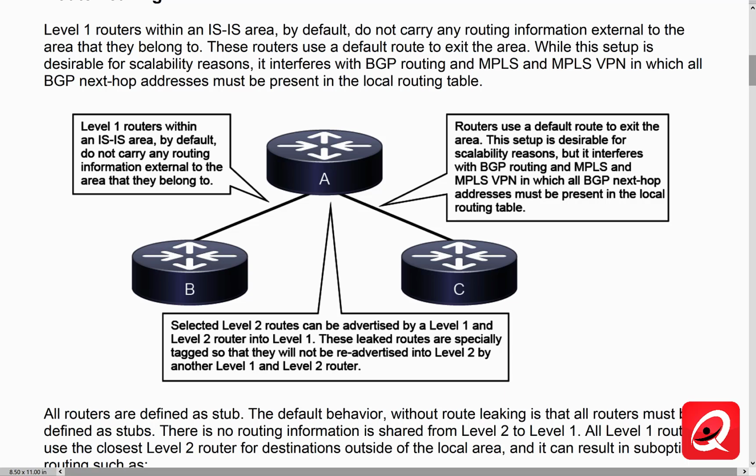We don't use the type 3s and the type 5s to actually route to those destinations. We identify those type 3 and type 5 routes, but we use the type 1 routes to be able to reach the closest ABR. Again, I talk about this a lot in my CCIE classes in much more detail, but it's kind of a concept of routing to a node as opposed to routing to a network.